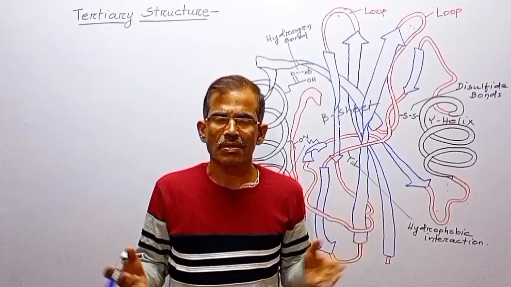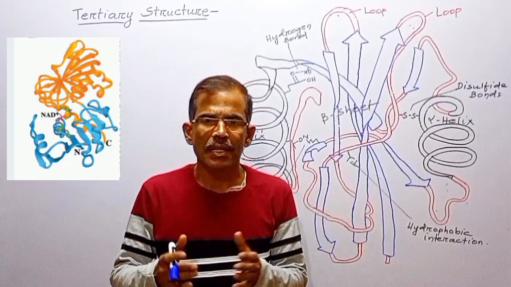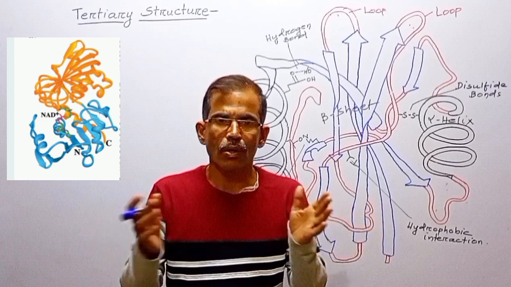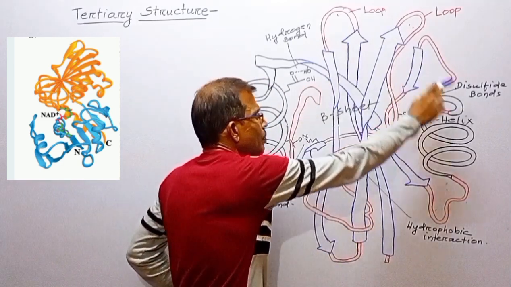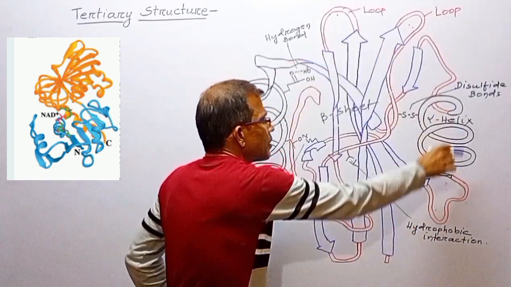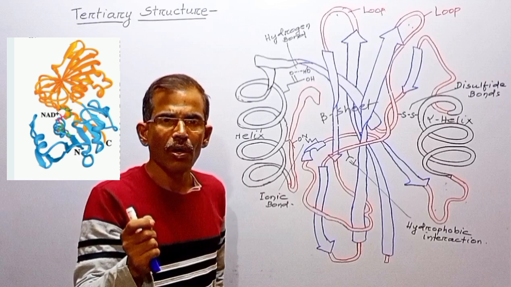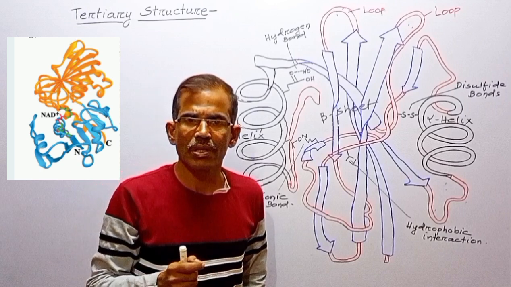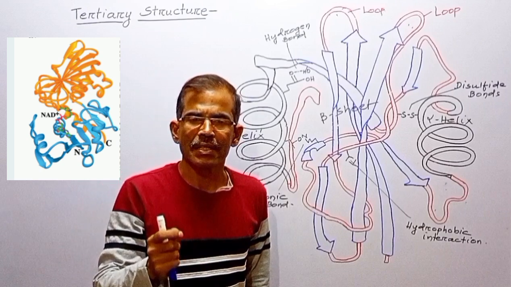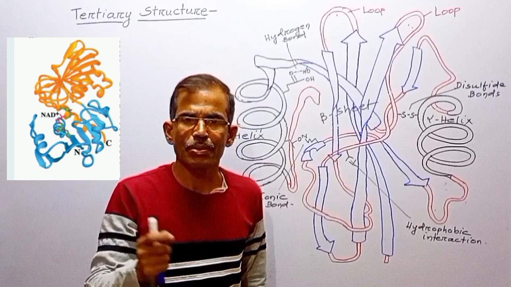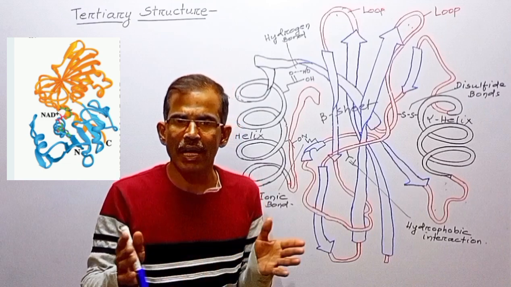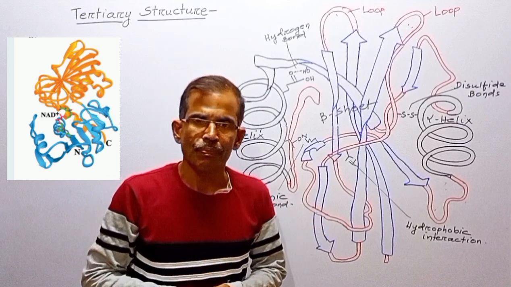Loops and turns that connect secondary structural elements are also present at the protein surface. The general principle of side chain distribution is evident in the individual elements of secondary structure as well as in the whole protein.